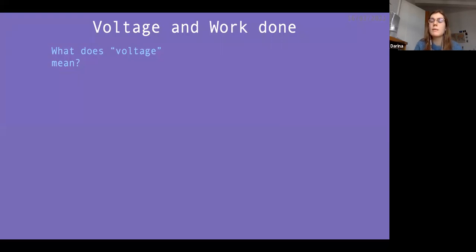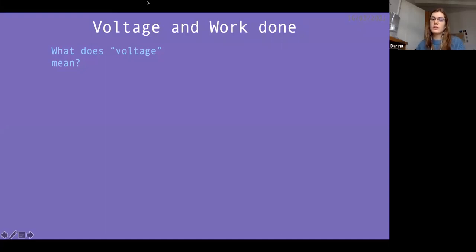Just any kind, maybe you're using an equation or something like that, or just the best shot you can give it. What would be our definition of voltage?